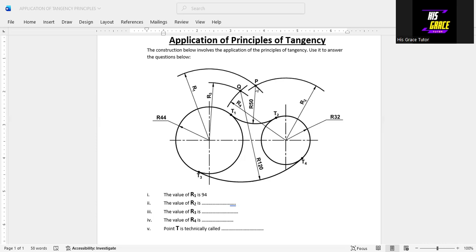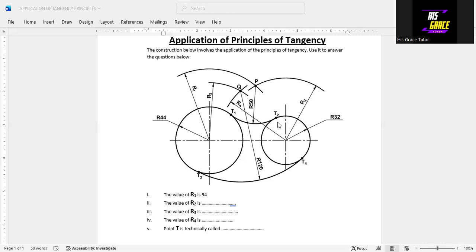We need to look for a point where they meet, so that when we take the radius of this arc, which is 50 millimeters, and put the pinpoint here at point P, we can draw this arc that touches these two circles as we see it here.